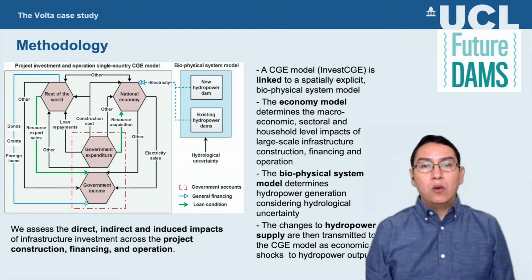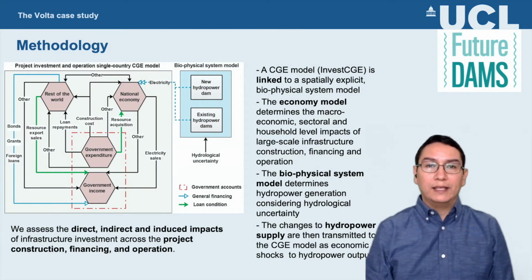In this diagram, we can see that the investment-oriented CGE model has an explicit representation of the different economic flows associated with the construction, financing, and operation phases. The economic model is linked to a spatially explicit biophysical system model.